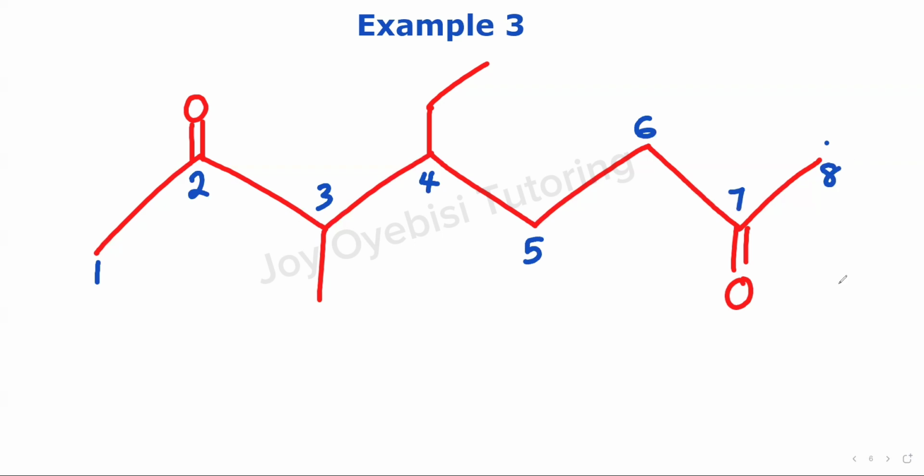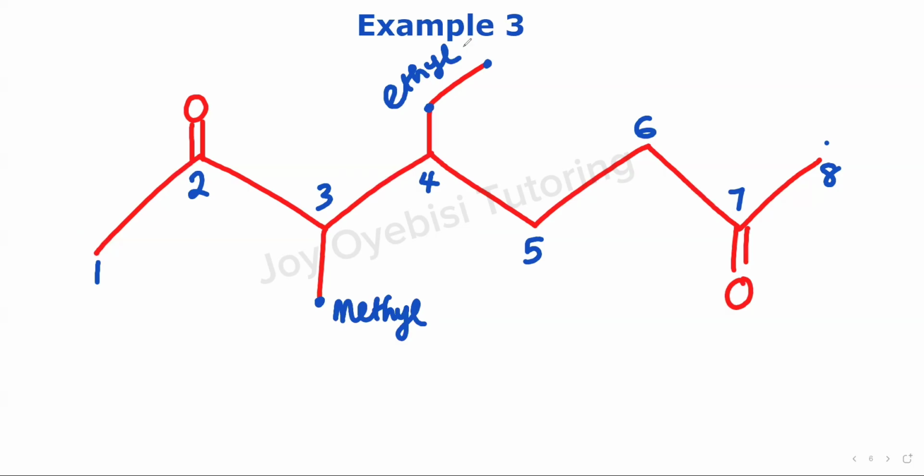So now that we've identified the longest continuous carbon chain, the next thing will be to identify the branches. We have 1 carbon branch here, which is known as methyl. We have 2 carbon branch here, and that is called ethyl. Next, you start with the branches when naming.